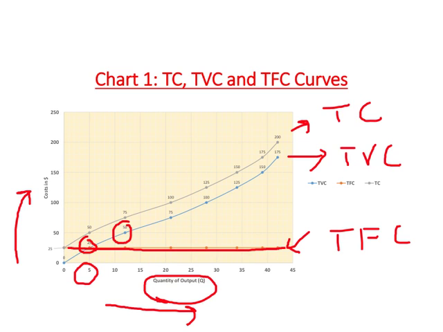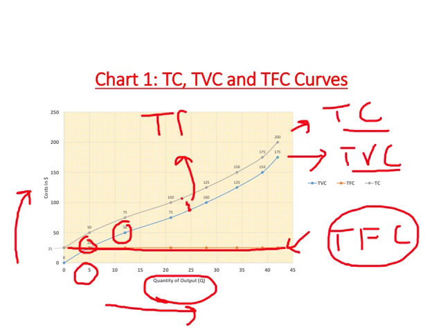Now note the difference between TVC and TC. The difference between TC and TVC is simply the total fixed cost. So this vertical distance between these two curves is the amount of total fixed cost.